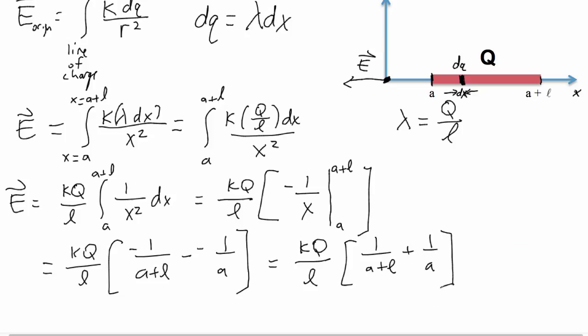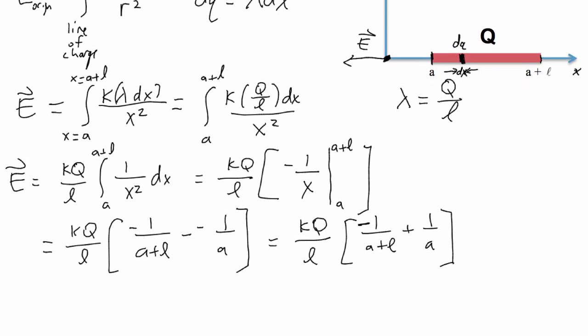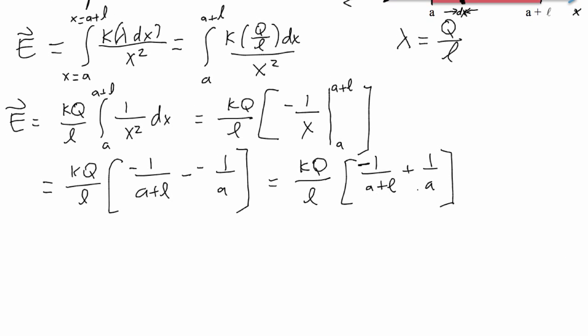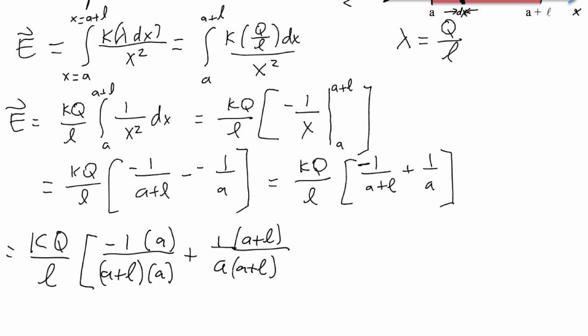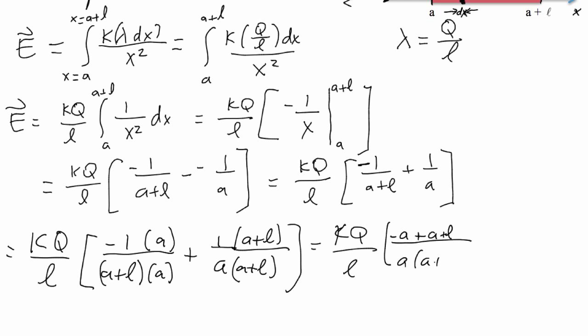There probably is a way to simplify that one more step. The common denominator between these two is going to be a times a plus L. So getting the common denominator like that, this is going to become kq over L, and notice that this will give us negative a, and this will give us a plus L, and this will all be over a times a plus L. So that cancels that.